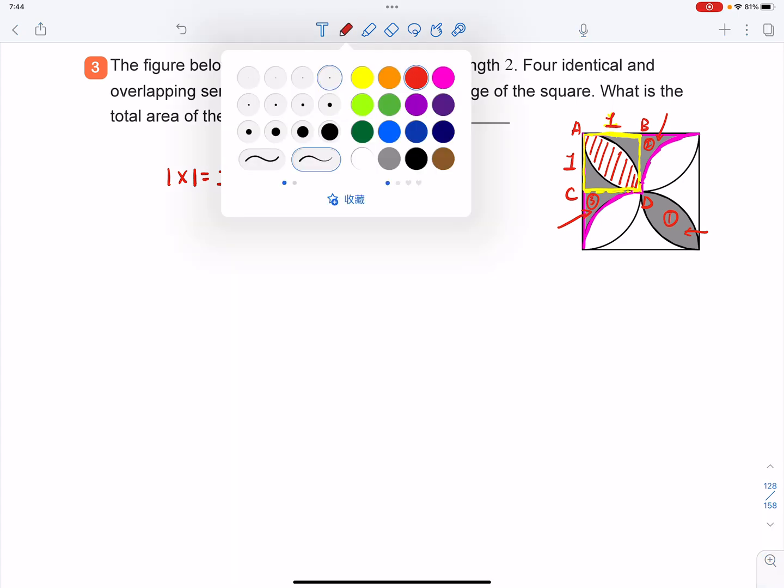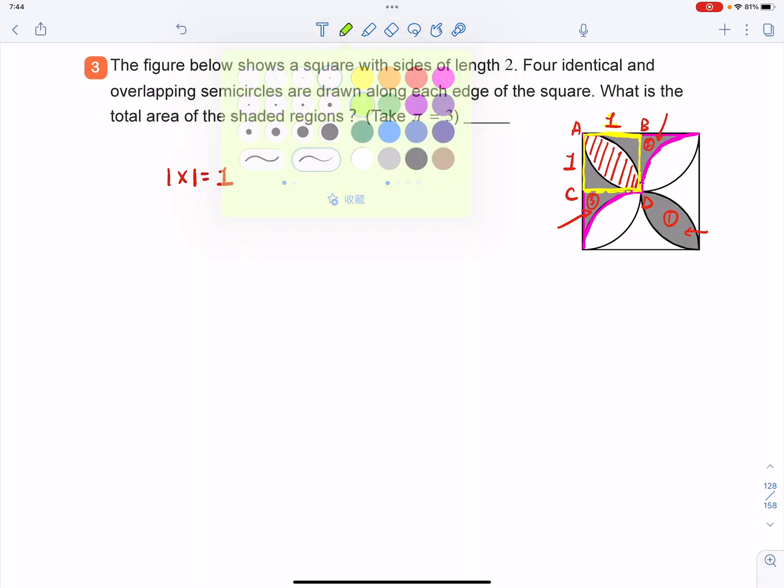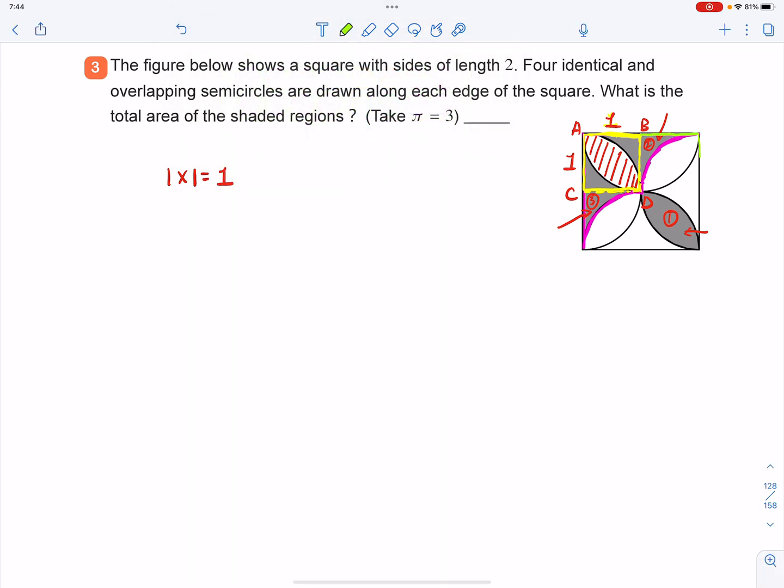And then to get the area of part 2, we have to focus on this square. Okay? You see that the area of part 2 is just the area of this square take away the area of this quarter circle, right?